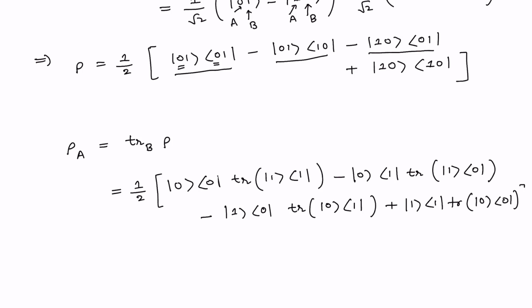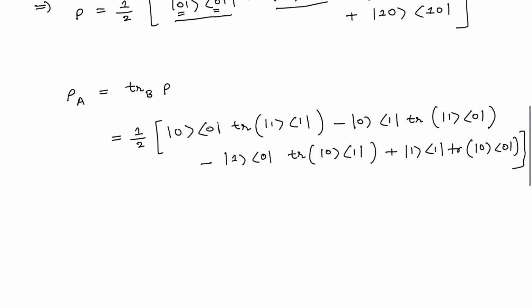Now we already know that if we take the trace over ket 1 bra 1, this is simply going to give me the scalar product 1 1, and that is normalized, it is equal to 1. Similarly, this one is going to give me the scalar product 0 1, and this is going to give me 0. Here it would be scalar product 1 0, they are orthogonal, so this is going to give us 0.